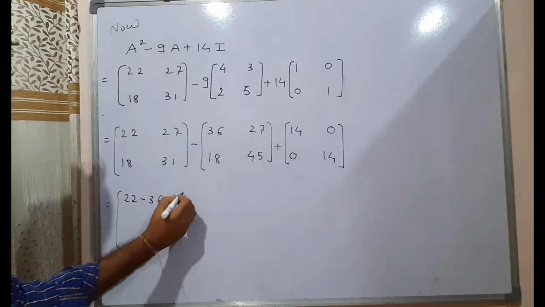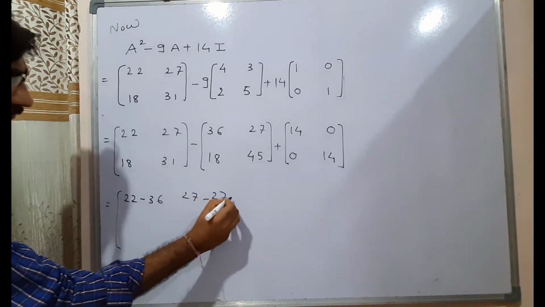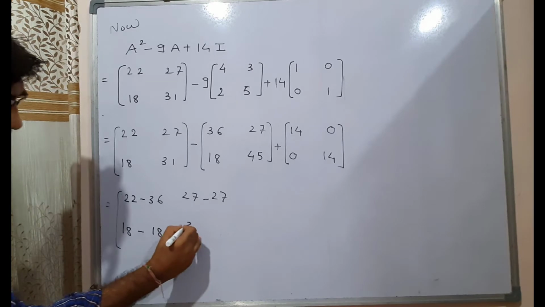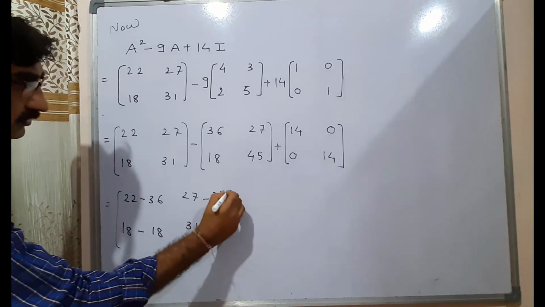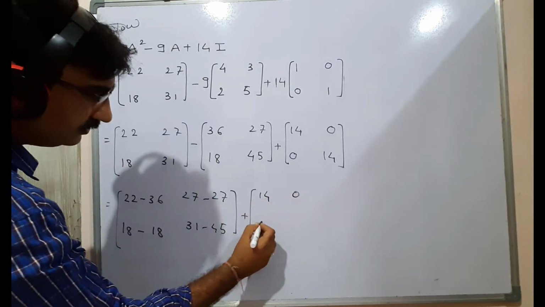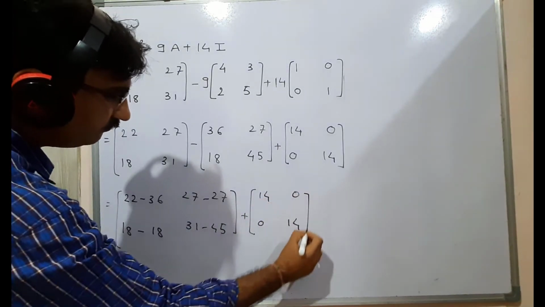22 minus 36, 27 minus 27, 18 minus 18 and 31 minus 45, plus 14, 0, 0, 14.